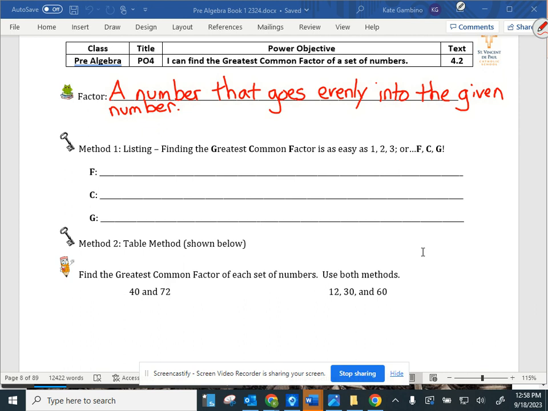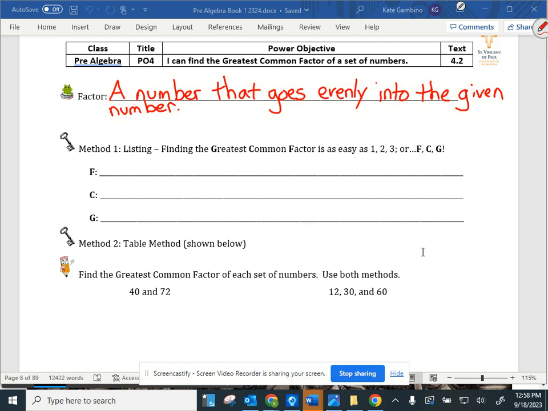What would the factors of 3 be? What numbers go evenly into 3 when we multiply? 1 and 3. So even though we know 1.5 times 2 equals 3, that can't be the factors because 1.5 doesn't evenly go into it. It's a fraction. We don't want those fractions.